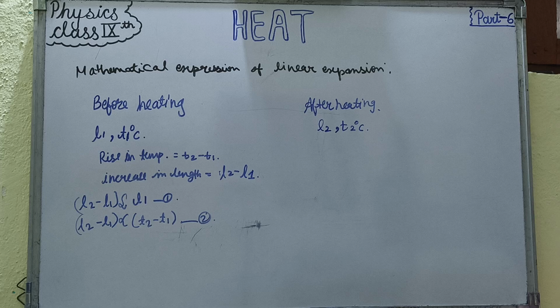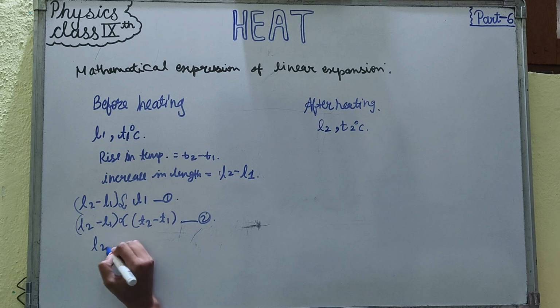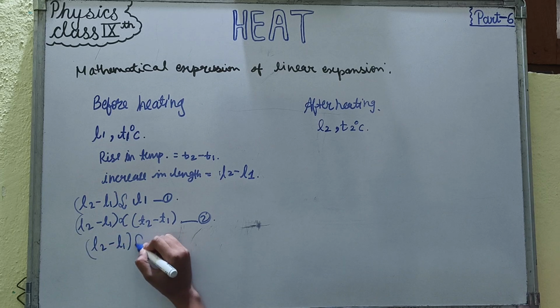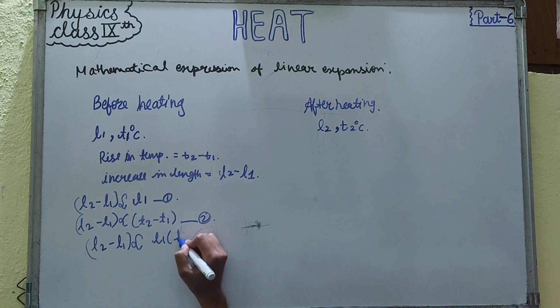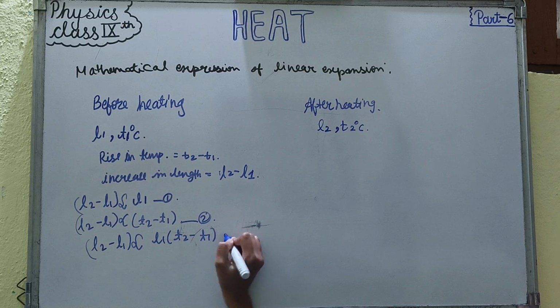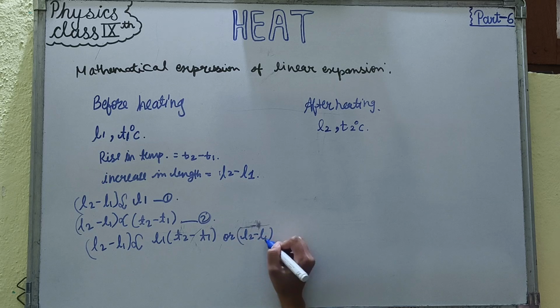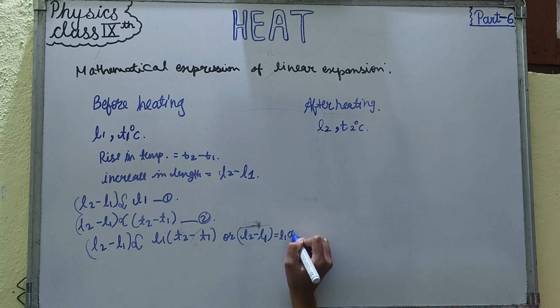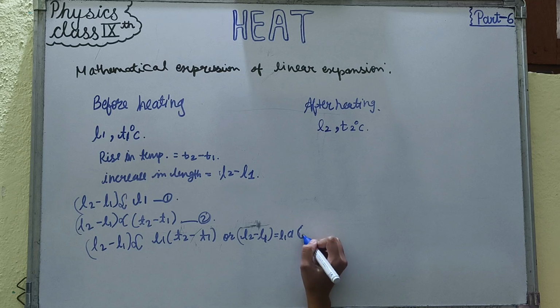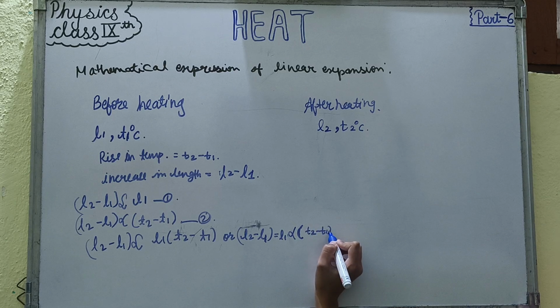Combining equation 1 and 2, we have L2 minus L1 is directly proportional to L1 into T2 minus T1, or L2 minus L1 is equal to L1 alpha, T2 minus T1.